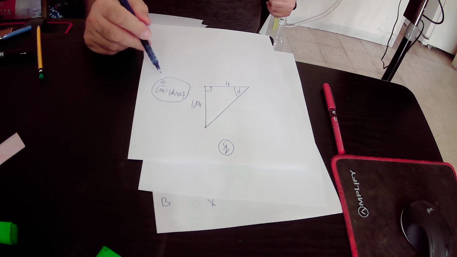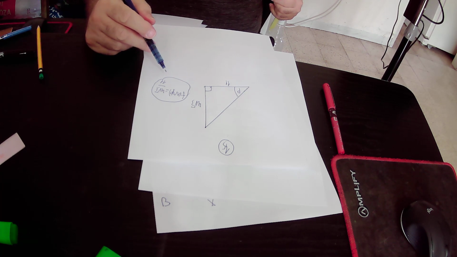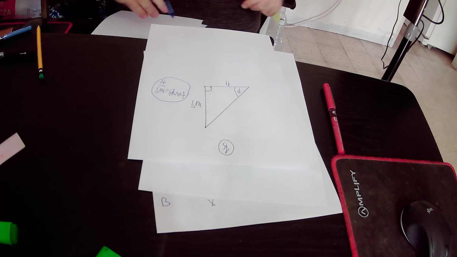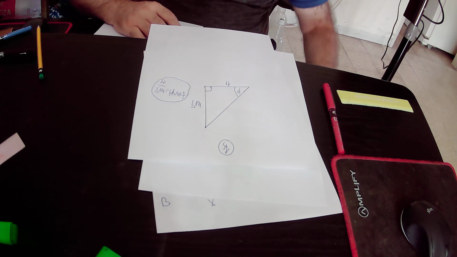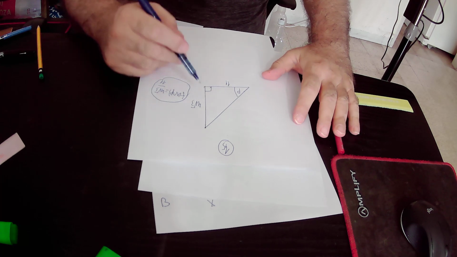So in order to find the hypotenuse of this right triangle, we'll use the Pythagorean theorem that says that the square of the hypotenuse equals the sum of the squares of the perpendiculars.